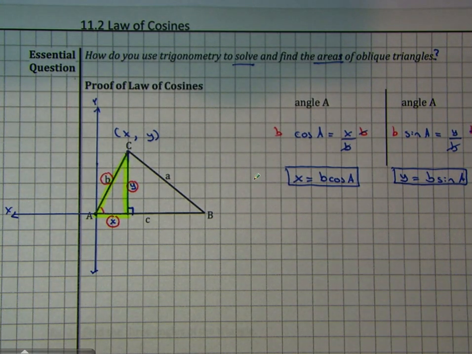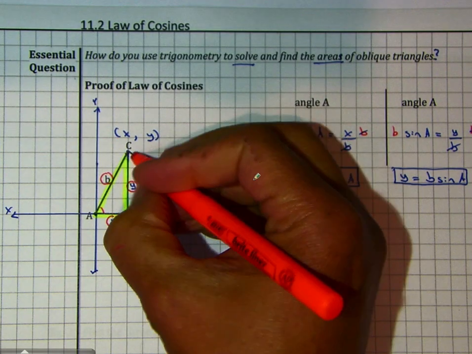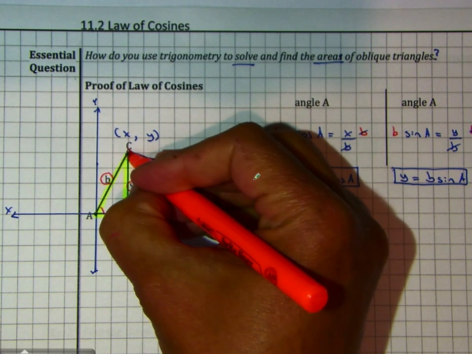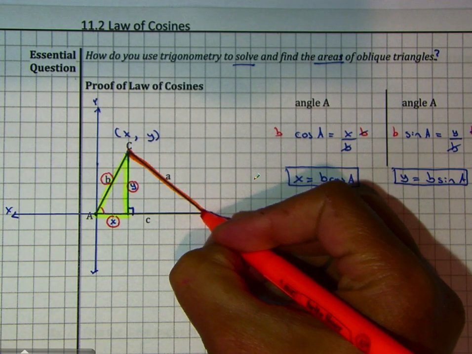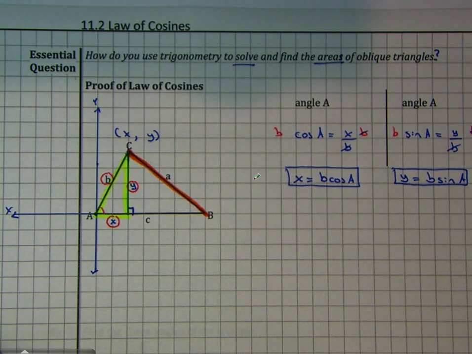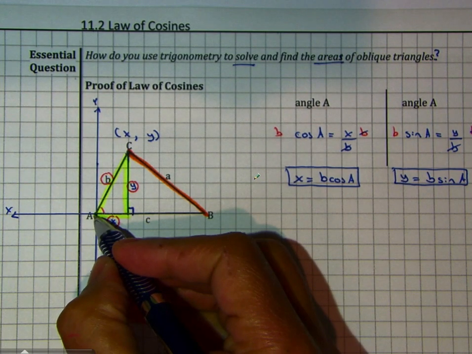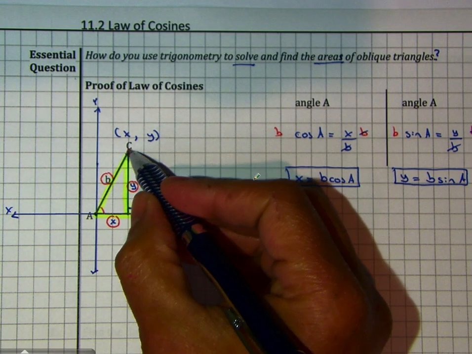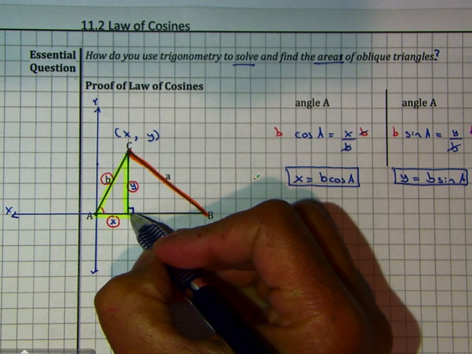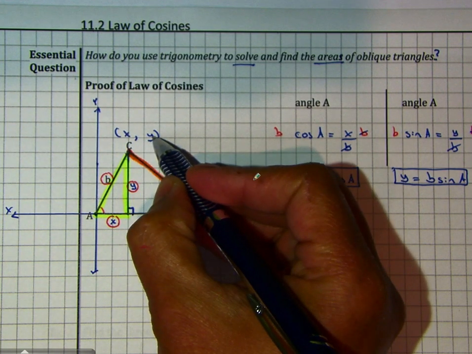And we are going to use that because we want to be able to find the distance. We're going to use our distance formula, the distance between C and B. So I know that A is 0, 0. I know that C will be a specific location where this is your x and that is your y, so it'll be x comma y.